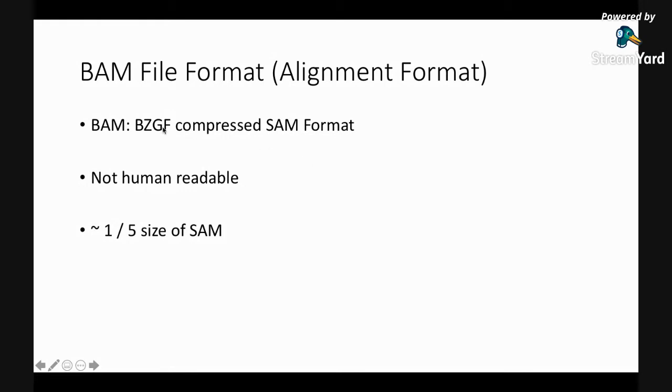And because they are compressed, they are not human readable, just like you cannot really read zip files without opening them. Typically the size decreases to one fifth, so 20%, and that's why they are easier to store. They are not human readable, but anyway, you won't even need to read them.